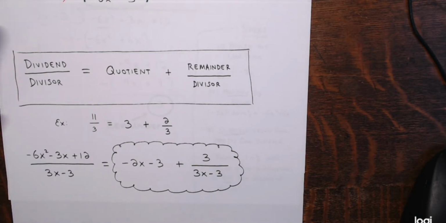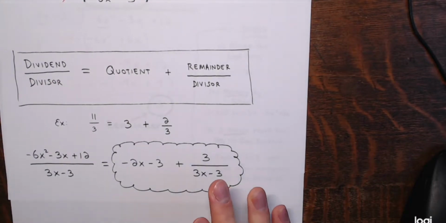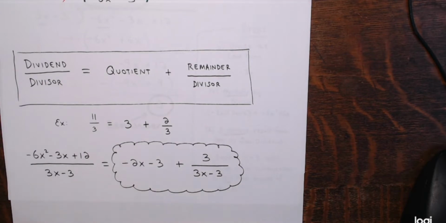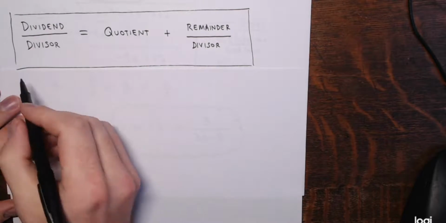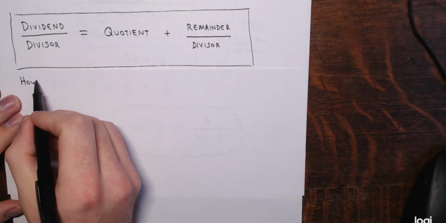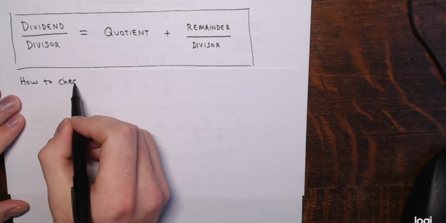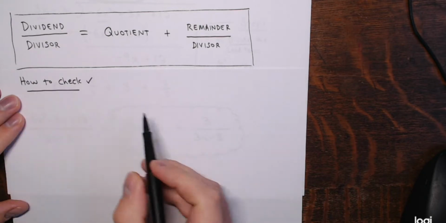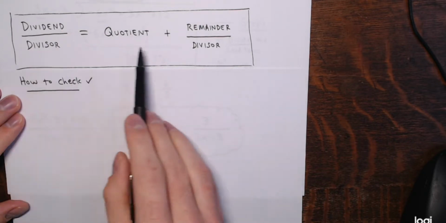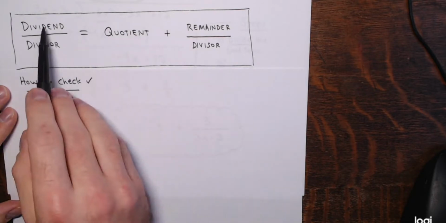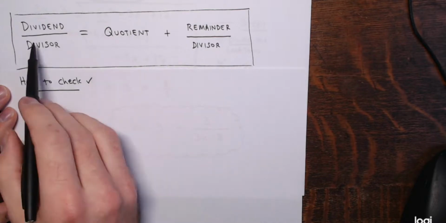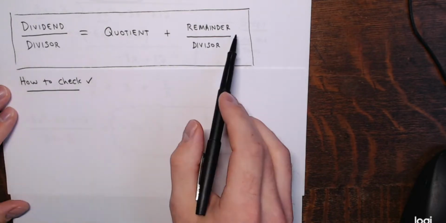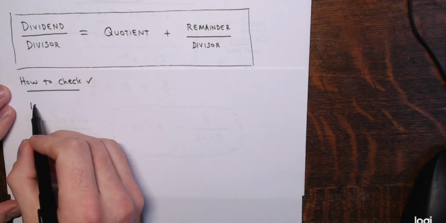Now, a way you can check. I'm going to ask one more question. How do I check if I'm right before I start entering answers? So how to check your division? Well, remember how I said we can write the result: dividend divided by divisor equals quotient plus remainder over divisor. If I multiply both sides by the divisor, we get this.